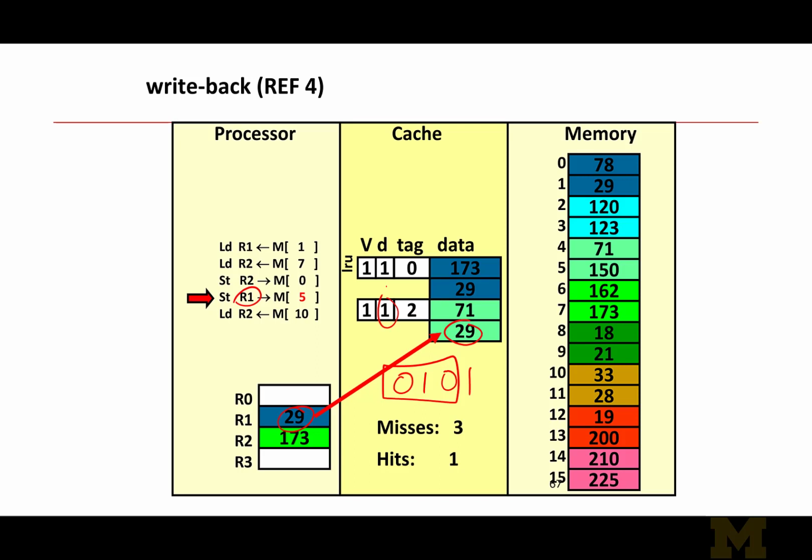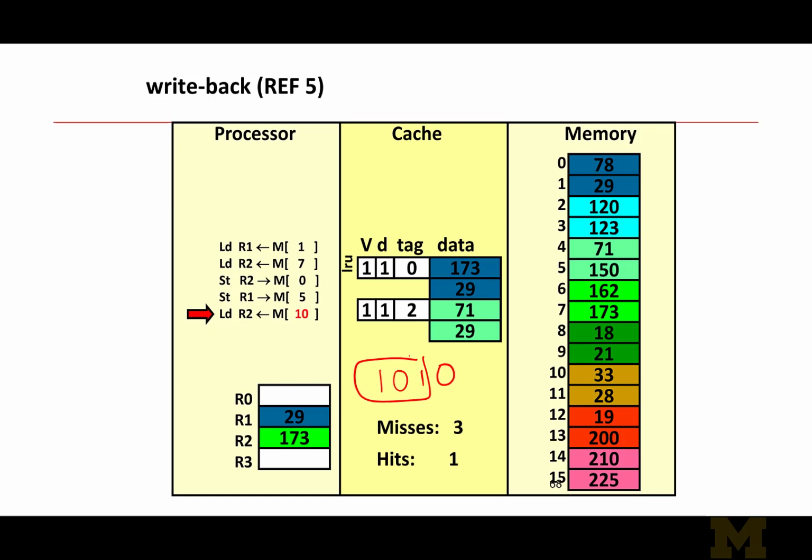So now both cache lines have been modified ever since they were read from memory. Now if I'm going to access a new cache block, so 10 would be 1010, so that will be tag 5, which is not there in the cache, so it's a cache miss.